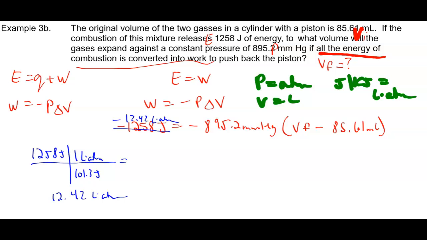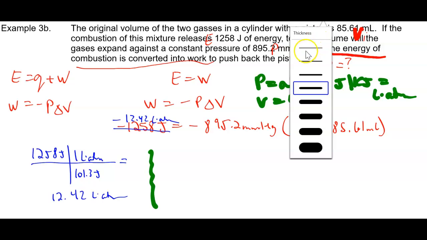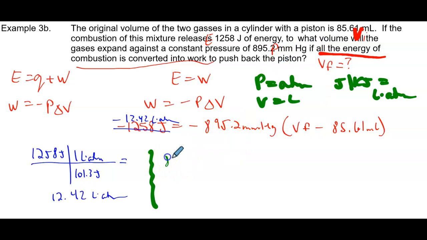We're going to convert then our pressure into atmospheres, so 895.2 millimeters of mercury. We know there are 760.0 millimeters of mercury for every 1 ATM.